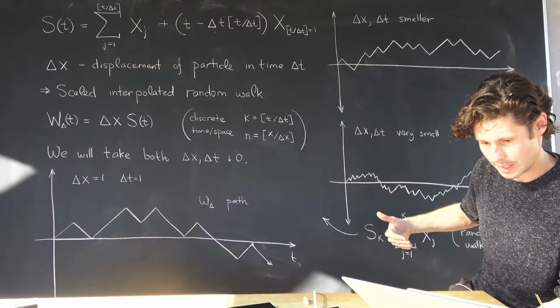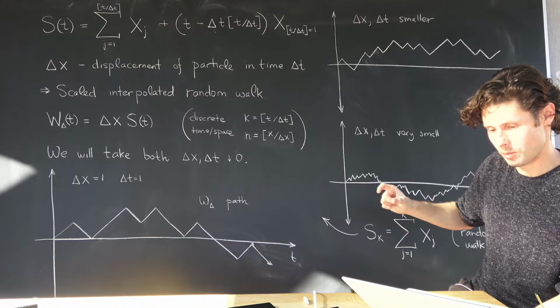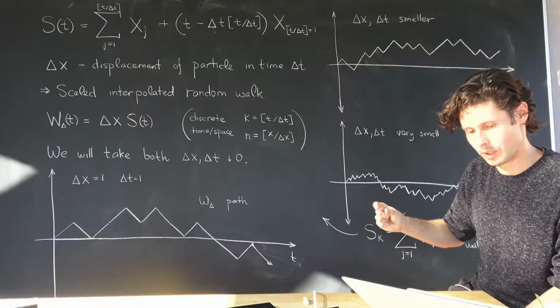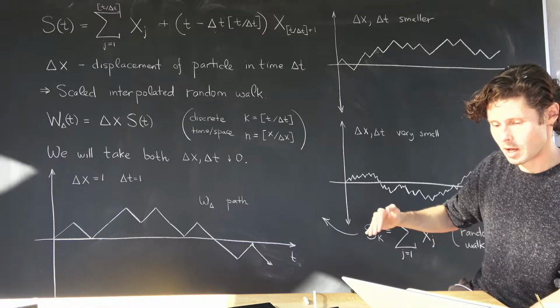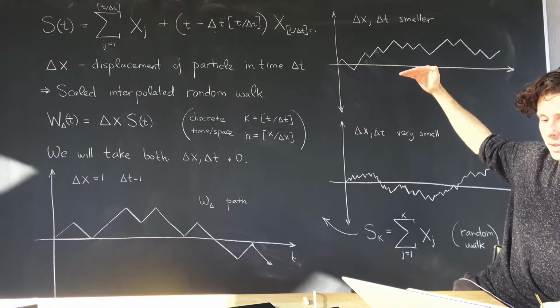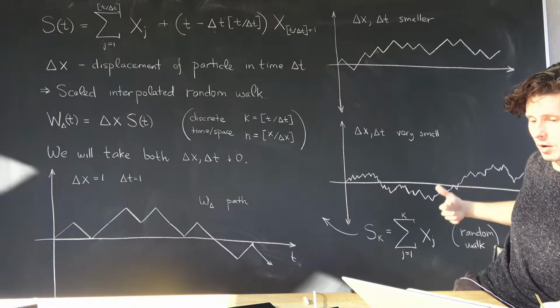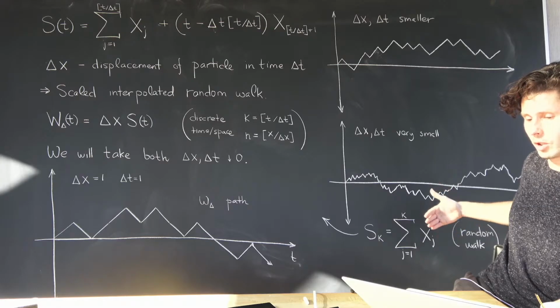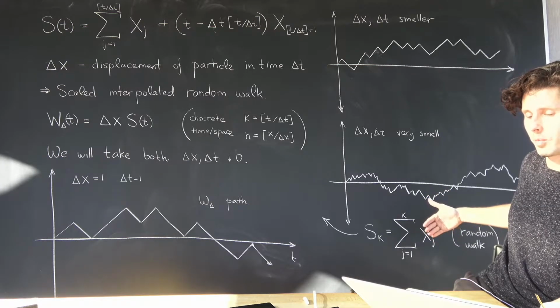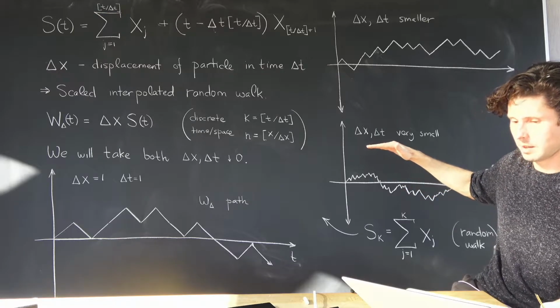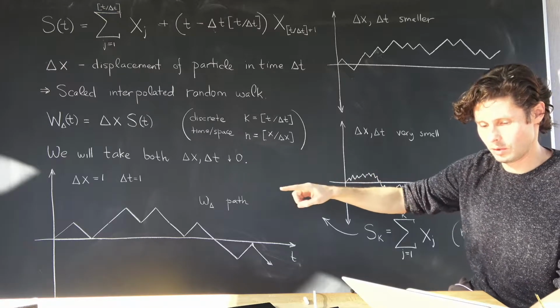But as we scale it in time and in space to make small increments between its moves and displacements, we see this process approximate what we're going to call the Brownian motion closer and closer. It's a better and better approximation as delta x and delta t tend to 0.